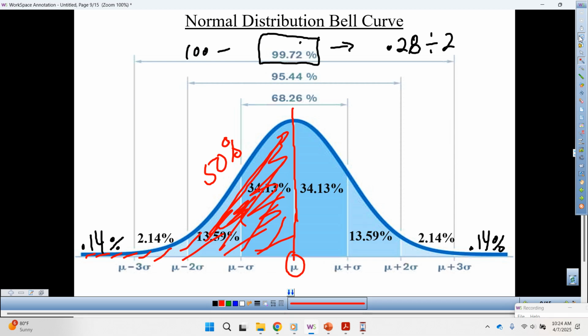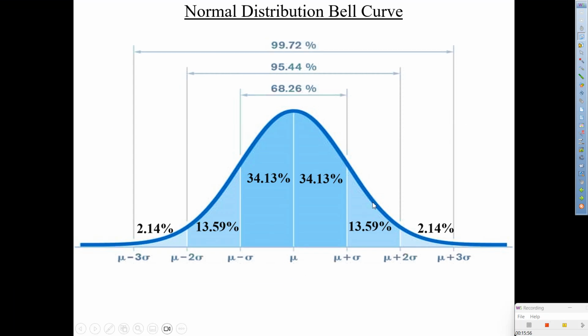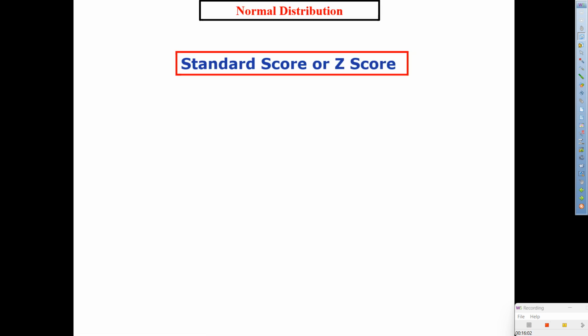Now, by now, I assume, since you guys have been doing your warm-ups every day, that you know the formulas to the z-scores. Tell your neighbor the formulas to the z-score. What is the formula to the z-score?